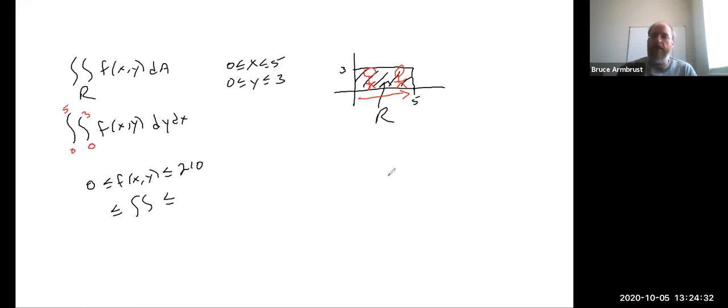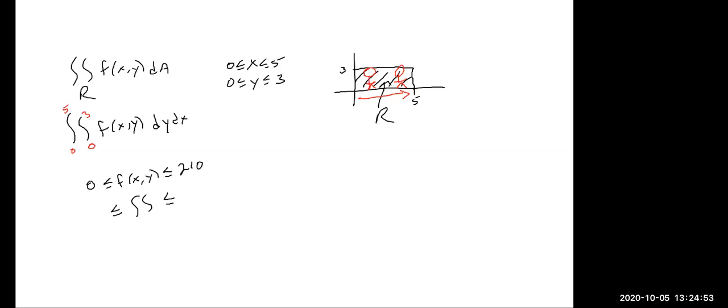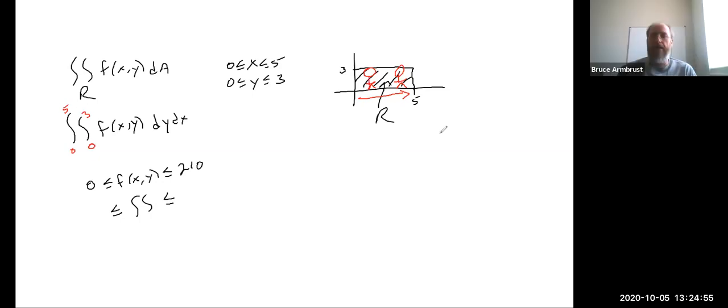So think about what that surface would look like if your two variable function was equal to 210. Would it just be a level plane? Yeah, that's exactly it. It'd be a level plane that's resting up over here.